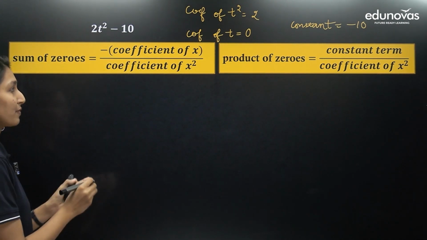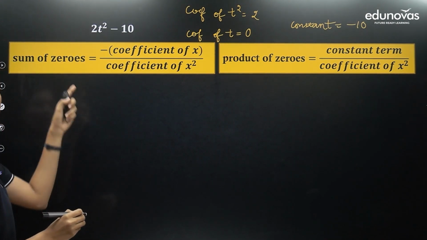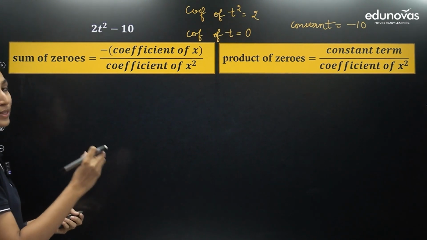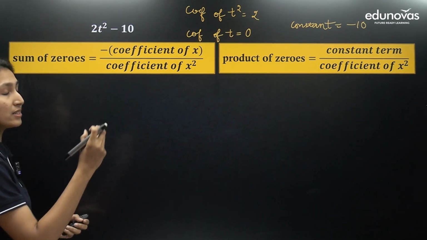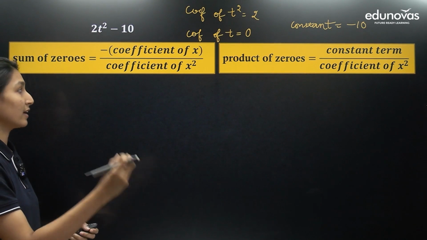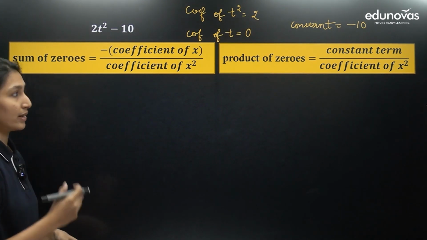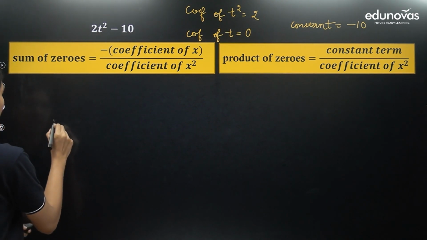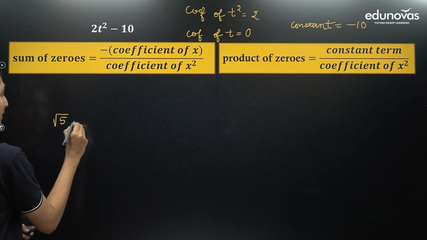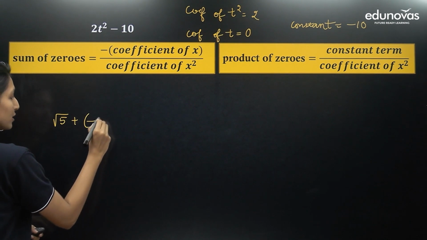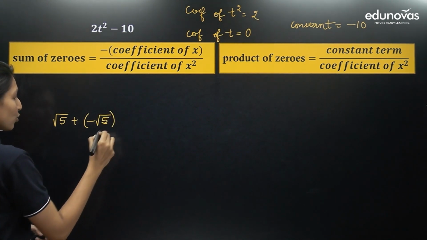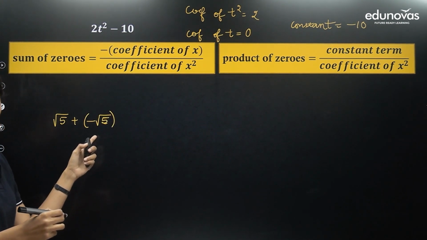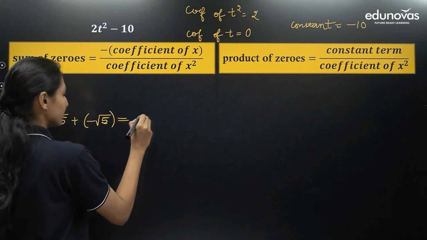Now let's start to verify the two relations. One of the relations is that the sum of the zeros must be equal to minus coefficient of x by coefficient of x square. Consider the sum of the zeros. What are the zeros that we got? Root 5 and minus root 5. What is the sum of root 5 and minus root 5? It is 0, isn't it?